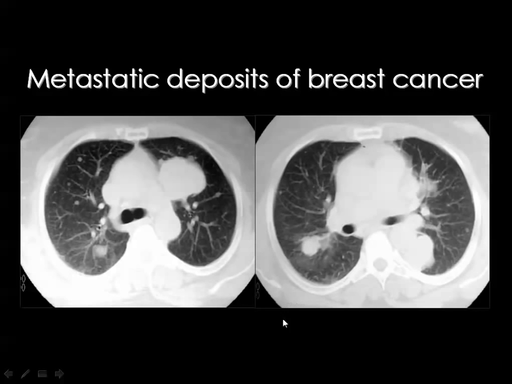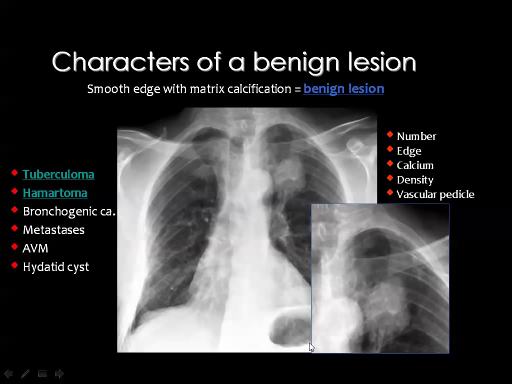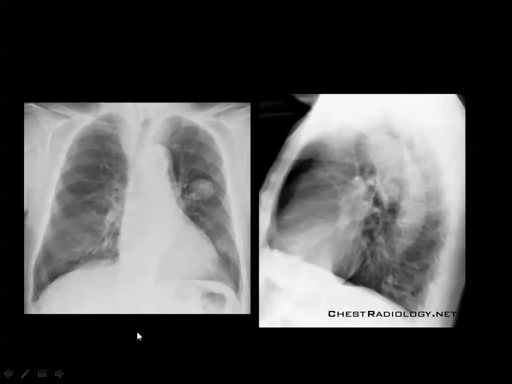cannot exclude the possibility of metastatic disease. Then if you see a nodule with a smooth margin containing calcium, then you assume that this is a benign lesion, and on top of these lesions, the tuberculoma and the hamartoma are in the differential diagnosis.